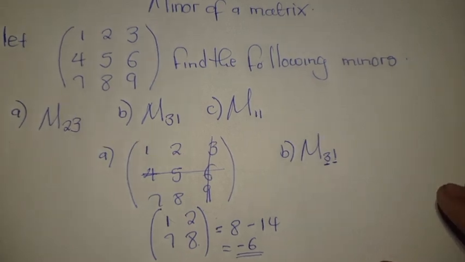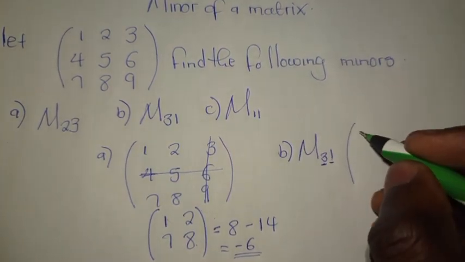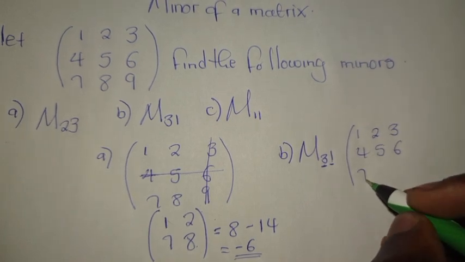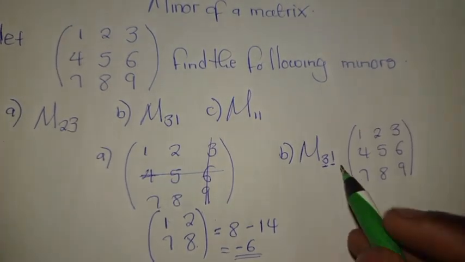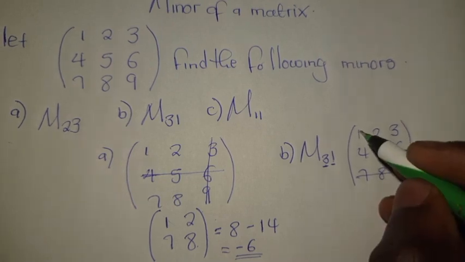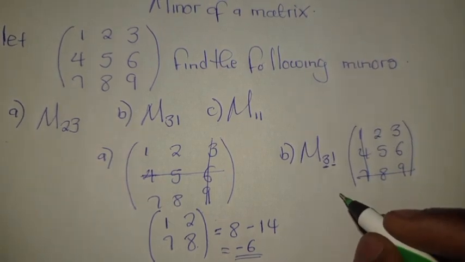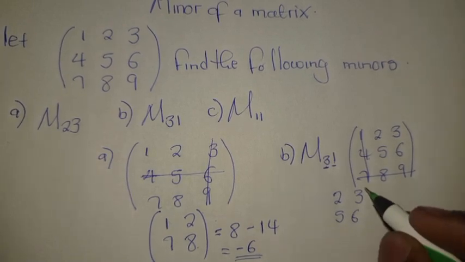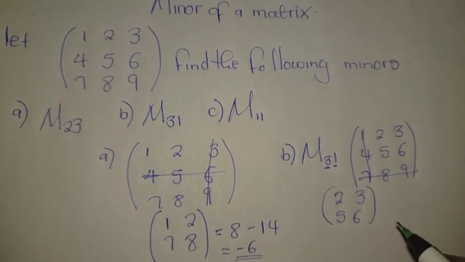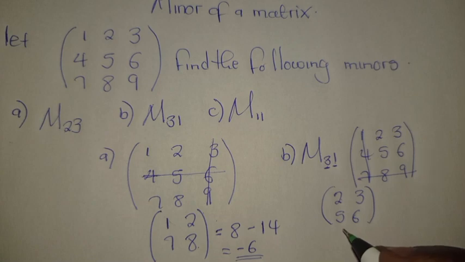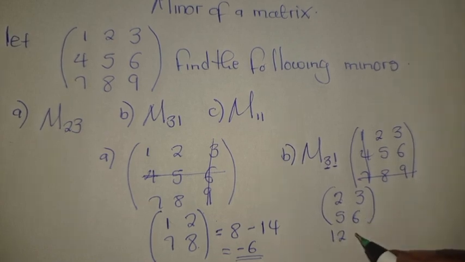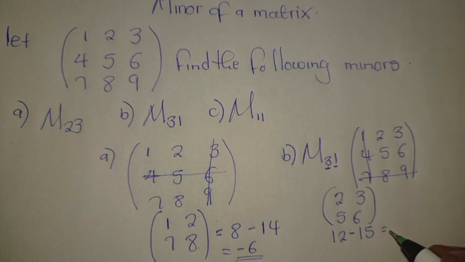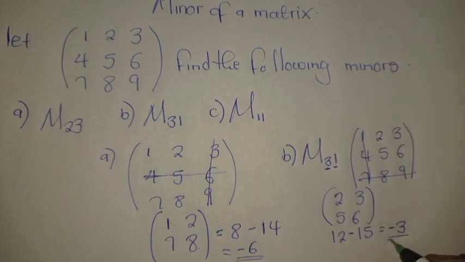So we know for sure that the matrix is of this kind, where we are told we cut the third row and cut the first column, and we have the result to be 2, 3, 5, and 6, where if you were to get the determinant, 2 times 6, that is 12, and 5 by 3 is 15. And you know for sure that 12 minus 15 is -3.